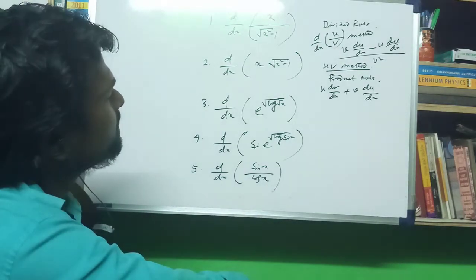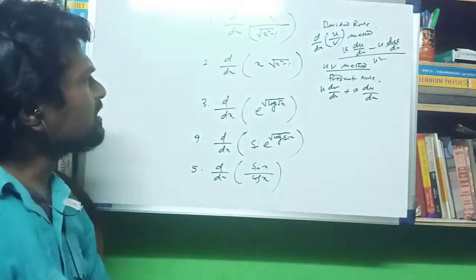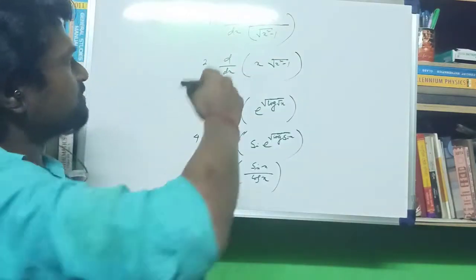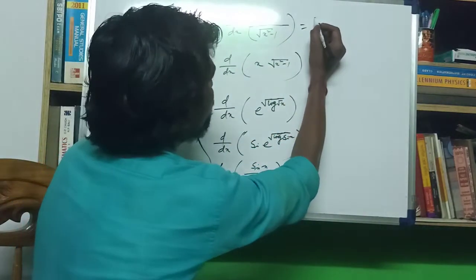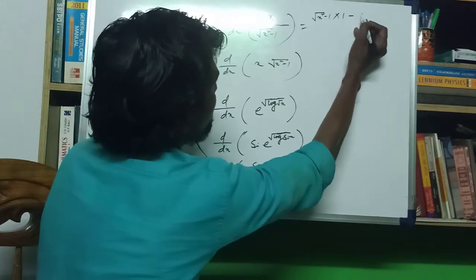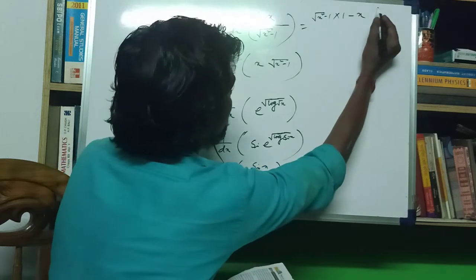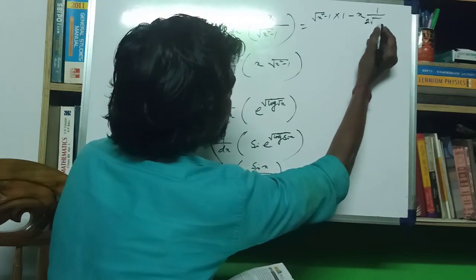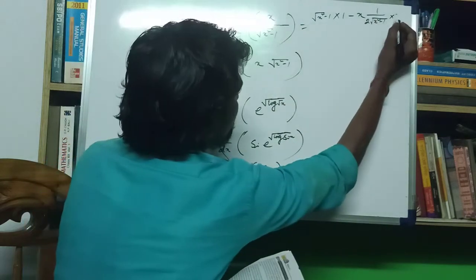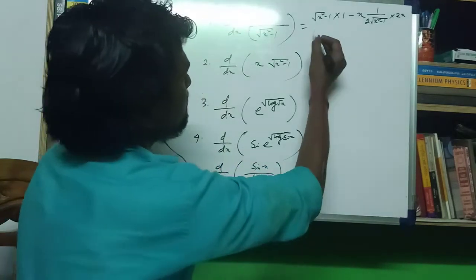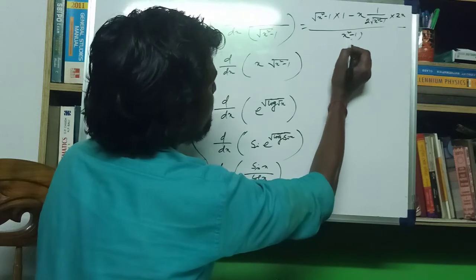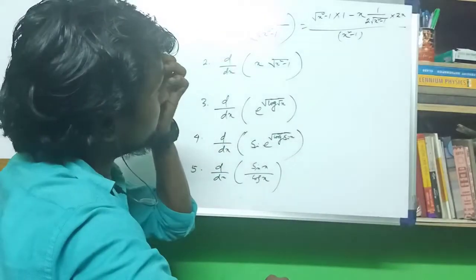So all the derivatives are not too tough. Here v means x square minus 1 into d/dx of x means 1, minus x into d/dx of this one, means 1 by 2 root x... into d/dx of x square means 2x, or d/dx of 1 means 0, divided by the whole square, root under whole square means x square minus 1. So this is the derivative.